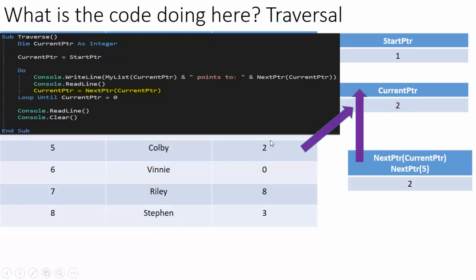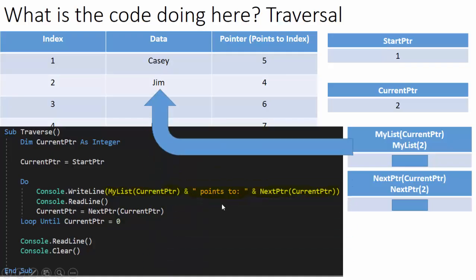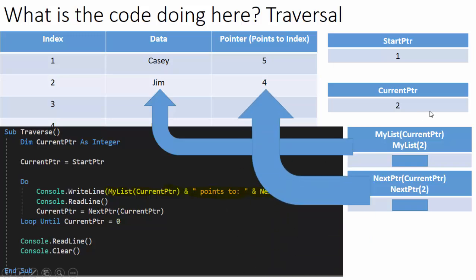So now we are moving to index 2, which holds Jim's name. So we know we should be looking for Jim's name. That is our current pointer. We're looking at index 2. The data is Jim, and he's pointing to 4. Well, that's what this code says right here. My list current pointer, which is my list 2, because our current pointer is 2, is pointing to Jim.